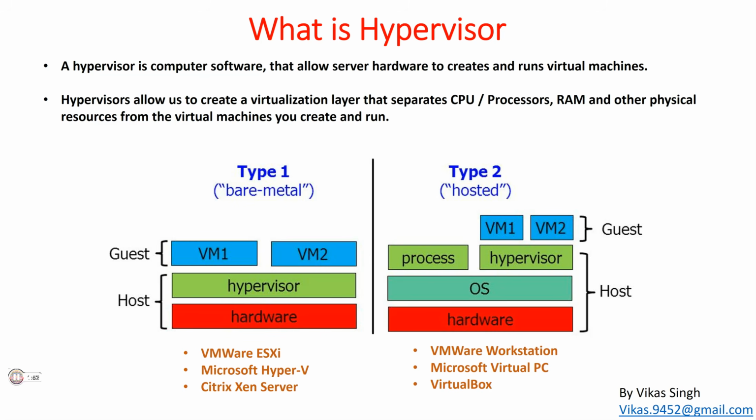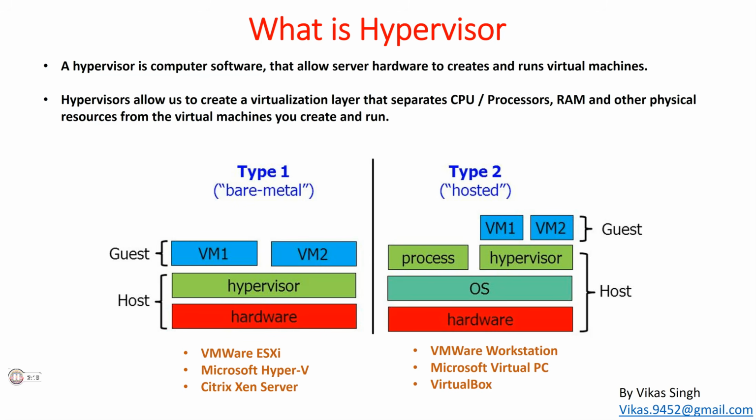There are mainly two types of hypervisor. Type 1 is widely used for production environments. It is a bare metal hypervisor installed directly on physical hardware, with no operating system required. Type 1 hypervisors include VMware ESXi, Microsoft Hyper-V, and Citrix XenServer.